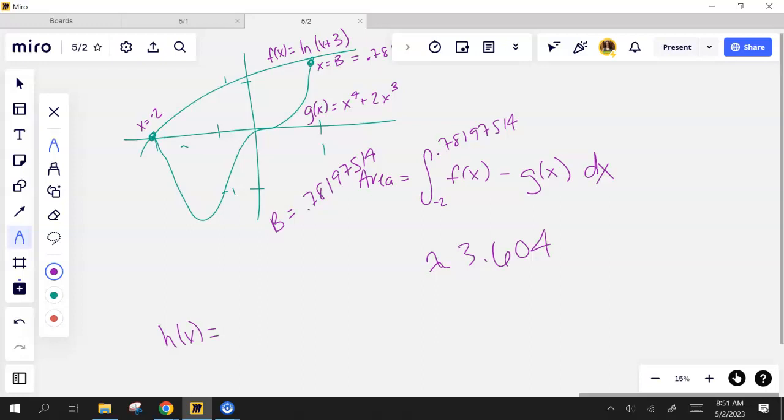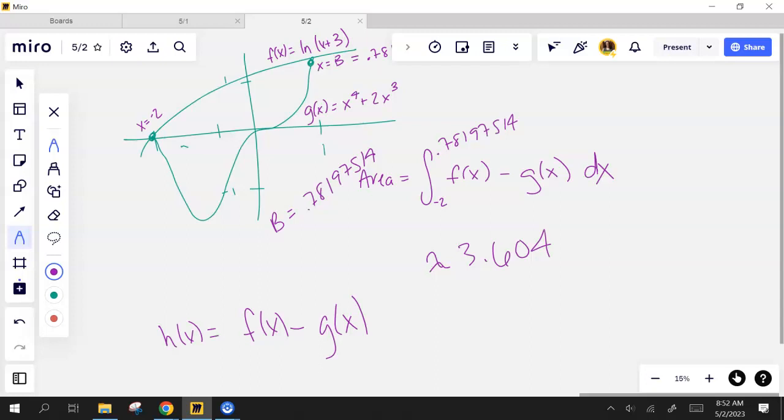Because you're going to subtract them anyway, it's not going to matter. So it's just going to be f of x minus. You see why I stopped for a minute? See how that's below the axis? But it's still not going to matter because if you subtract a negative, it's adding it anyway. So no, they're not different. So f of x minus g of x. And so now it says is h increasing or decreasing at x equals negative 0.5.